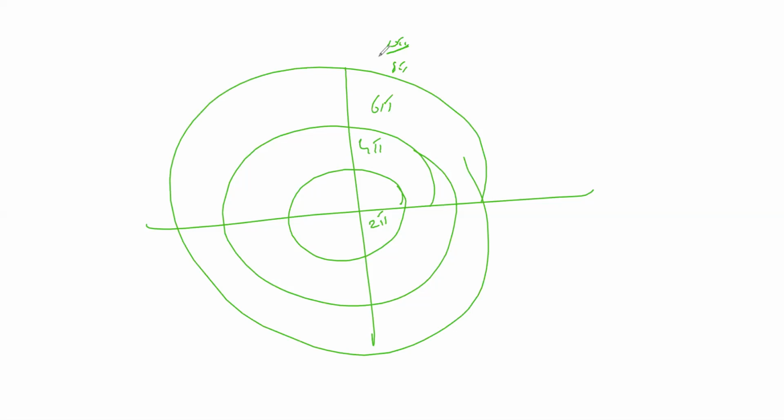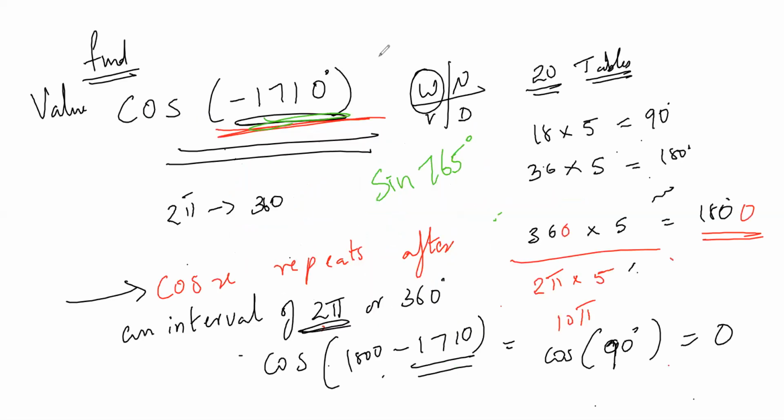Fine. So here 1710, what is the value? It is closer to 1800, which is nothing but 10 pi. Everyone agree with that? That's the reason I derived this 10 pi.